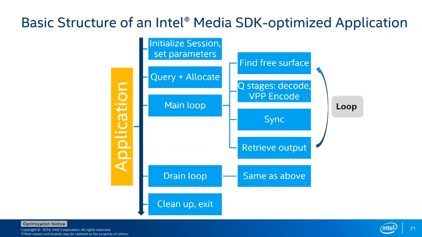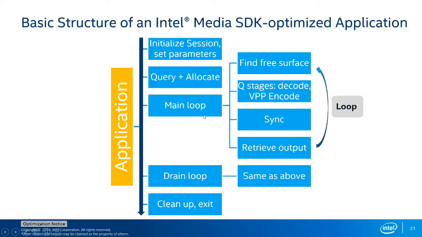So just wanted to quickly point out the basic structure of a Media SDK optimized application. Like the slide before, one of the big first steps is to initialize a session. Then you do some queries based on those parameters, and actually allocate your surfaces.